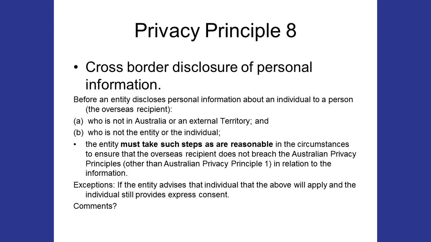Privacy Principle 8. Cross-border disclosure of personal information. Before an entity discloses personal information about an individual to a person overseas, the entity must take such steps as are reasonable in the circumstances to ensure the overseas recipient does not breach the Australian Privacy Principles. Now, you're saying overseas, but that's happening a fair bit now. There are instances where you're storing personal information.